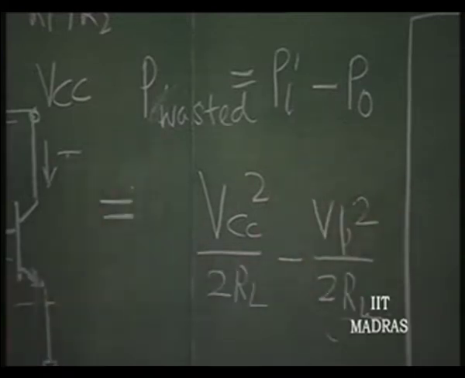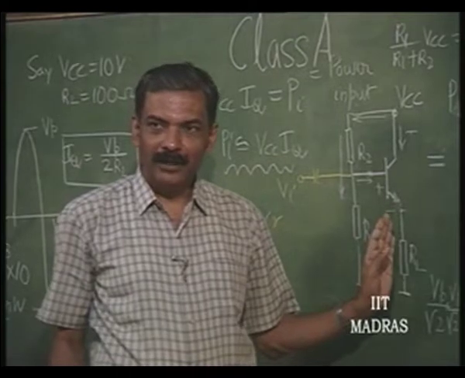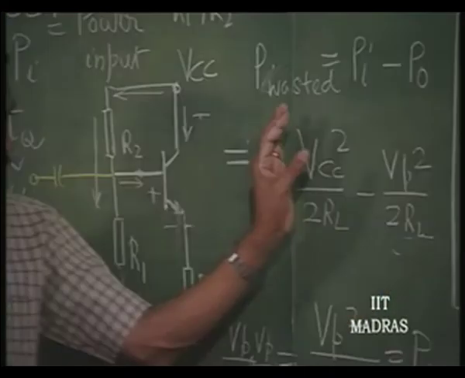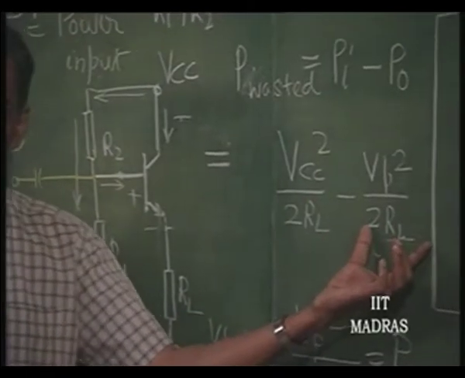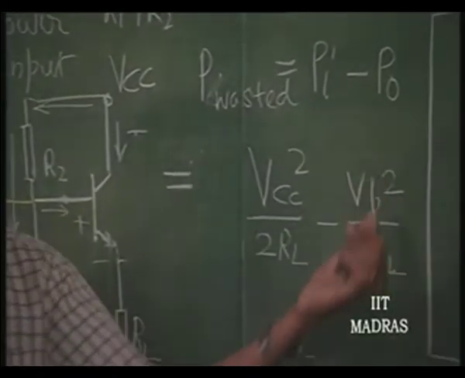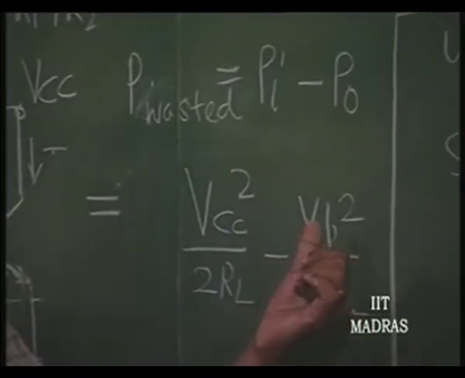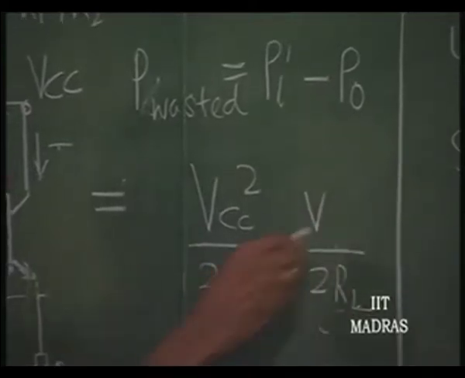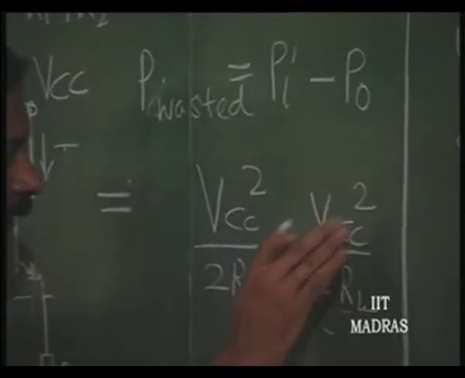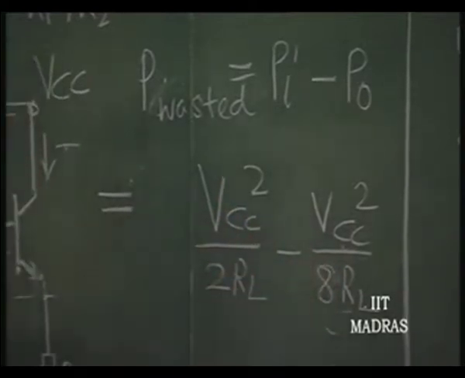The entire thing is wasted in this circuit as DC power. Now, this DC power gets converted into some amount of useful power, and the amount of useful power is maximum when Vp is equal to Vcc by 2. So, this becomes Vcc squared by 8 RL.